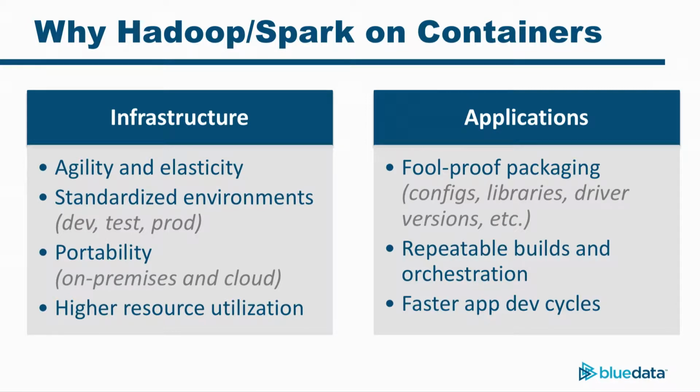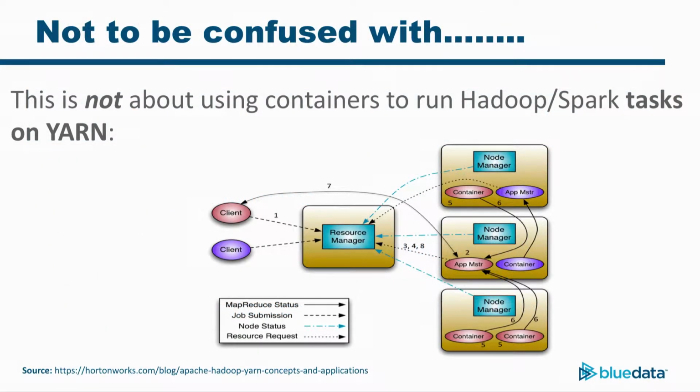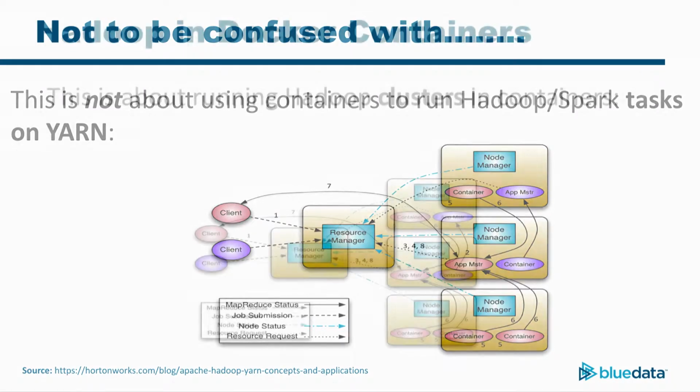And repeatable builds and orchestration, those are all the usual benefits of containers. And we do believe fundamentally, and customers are seeing that you can get agility and faster speed to market with containers. So when we say Hadoop and Spark on containers, this should not be confused with what I just said earlier. This is not about using Docker containers to run Hadoop or Spark tasks on Yarn. That was the announcement that was made today.